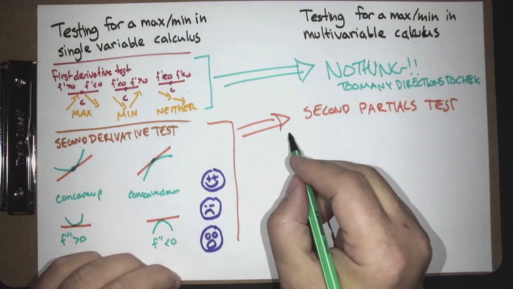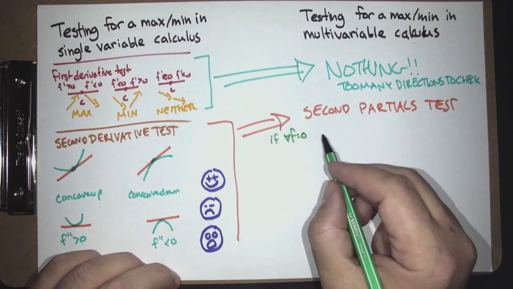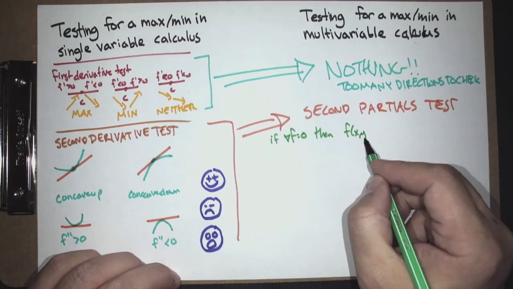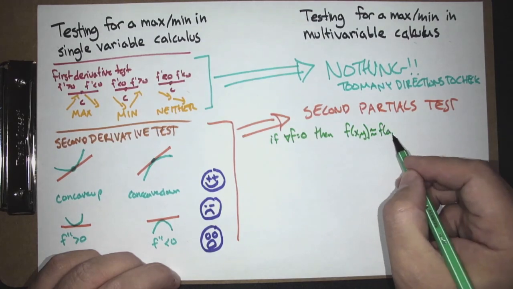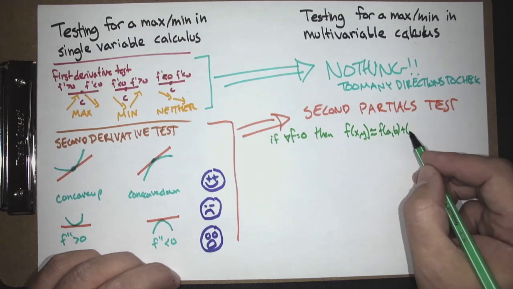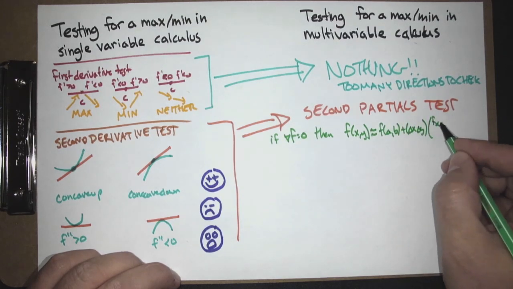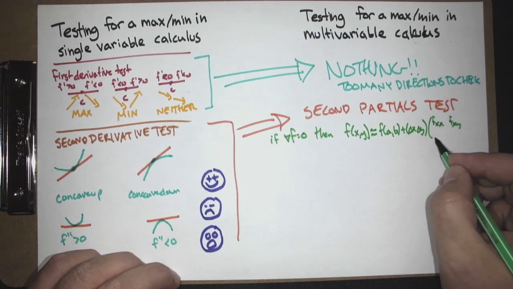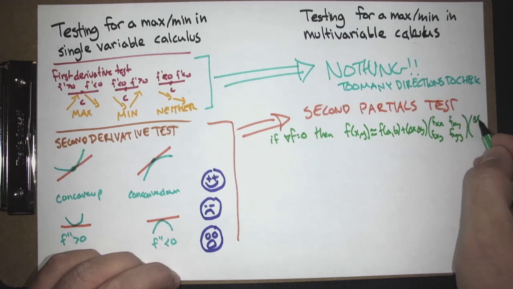And we said, oh, if the gradient of f is 0, then f of x, y is behaving like f of a, b plus delta x, delta y times the matrix fxx, fxy, fxy, fyy times delta x, delta y. I'm going to suppress the evaluations.